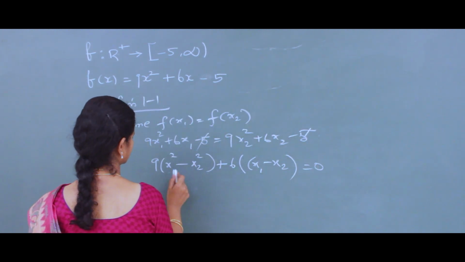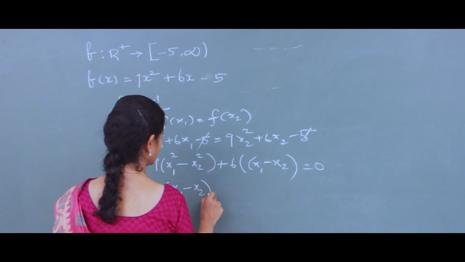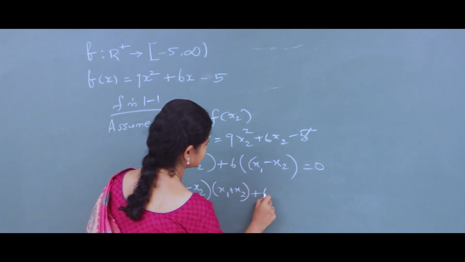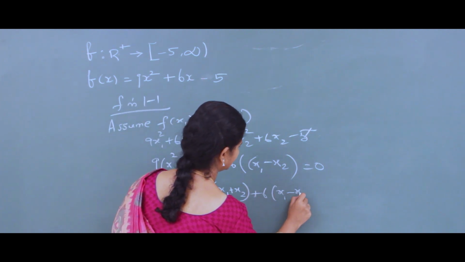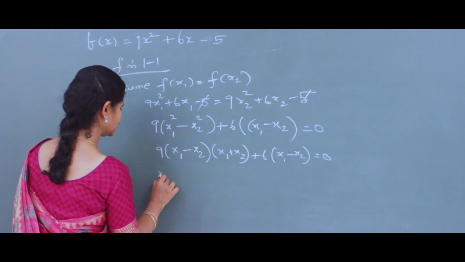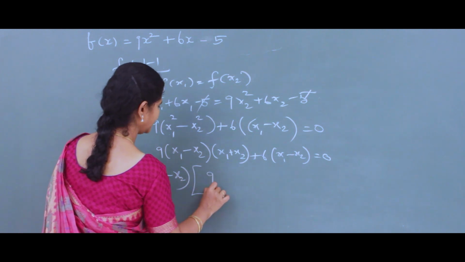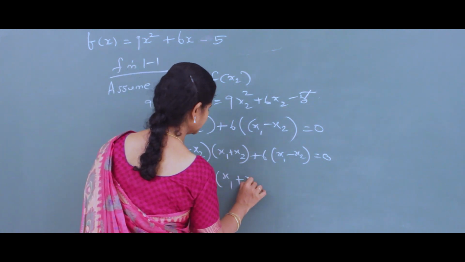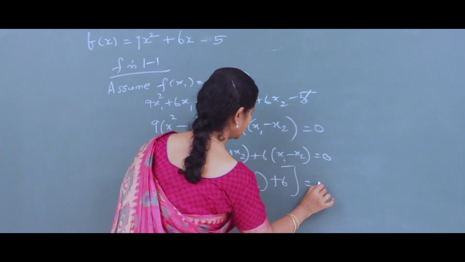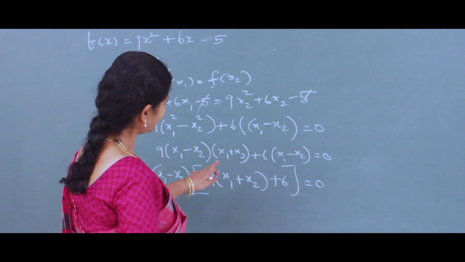Now if you split the terms, what do we get? 9 (x1 minus x2)(x1 plus x2) plus 6 (x1 minus x2) equal to 0. Take x1 minus x2 outside. So we get (x1 minus x2) times [9 (x1 plus x2) plus 6] equal to 0. Either this is 0 or this is 0.